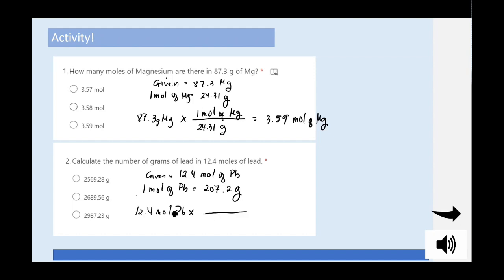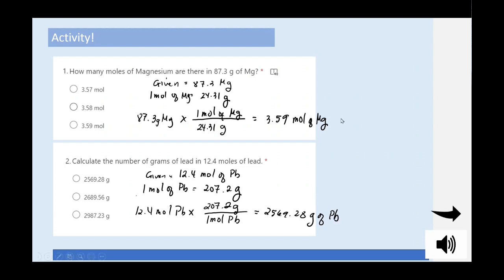remember, we need to cancel the mole and we need to find the grams. So our grams is at the numerator, which is 207.2, and the mole is at the denominator, so 1 mole of lead. When you get the answer, write the answer: 2,569.28 grams of lead.